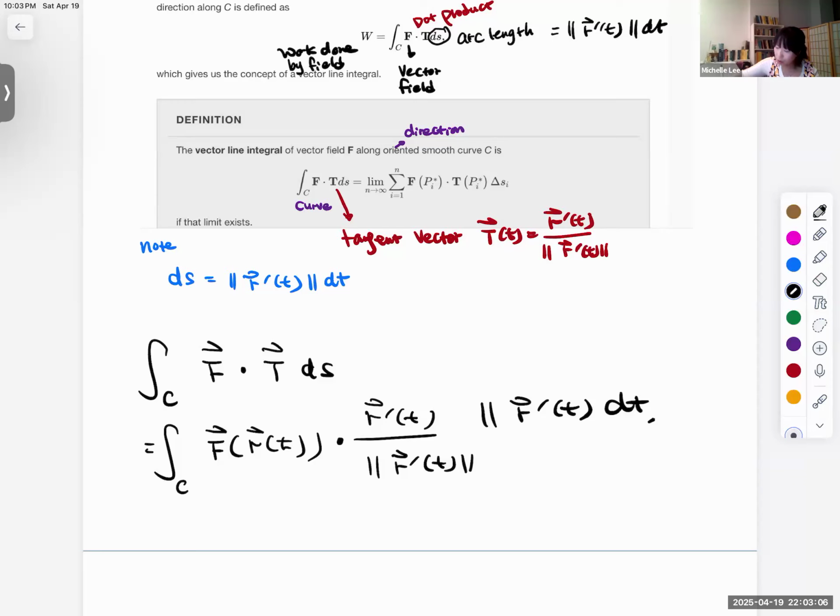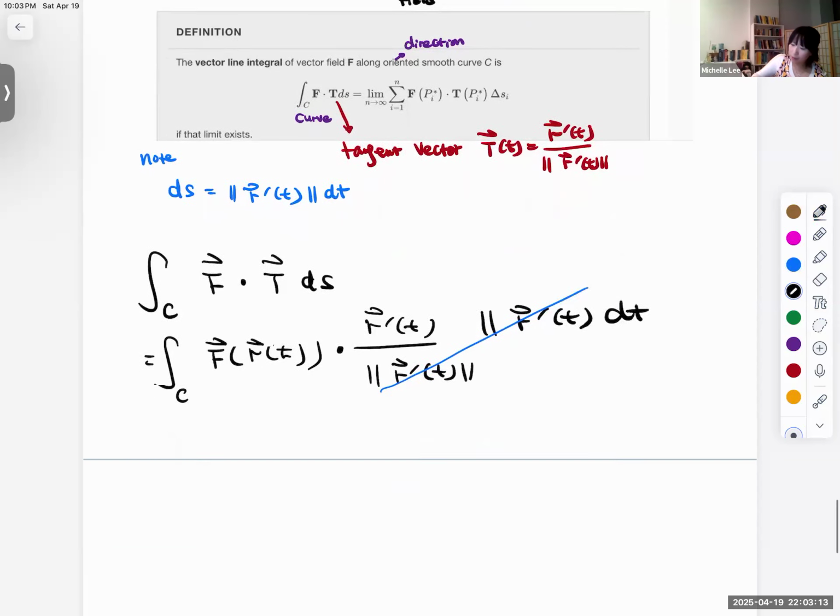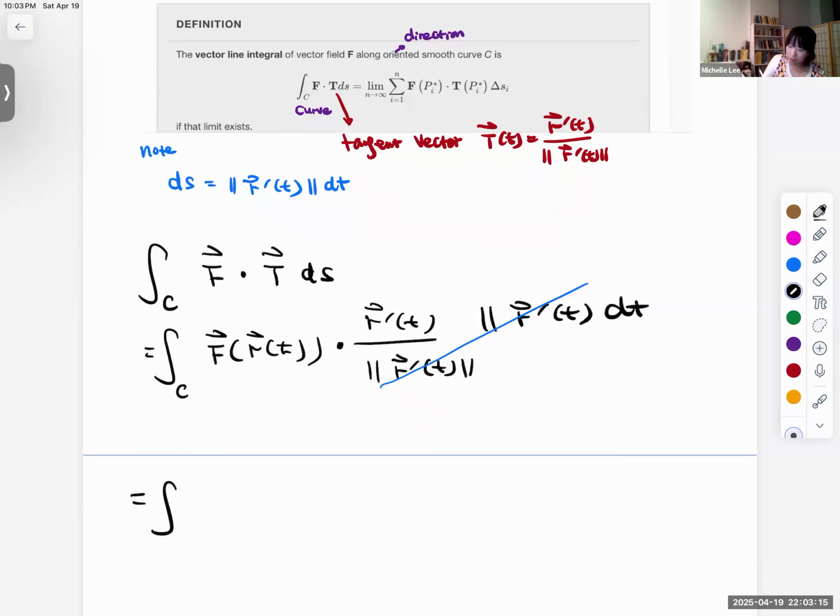Okay, now we can simplify. So simplify like that. Then we will have the line integral of the vector field F of r of t, parameterized, dot product with r prime of t dt at the end, right?